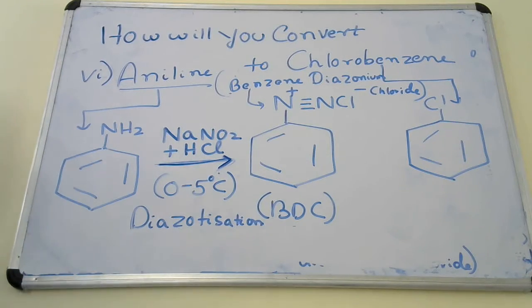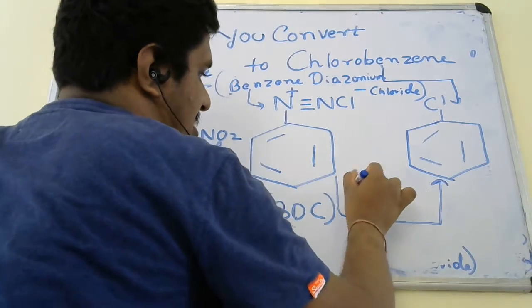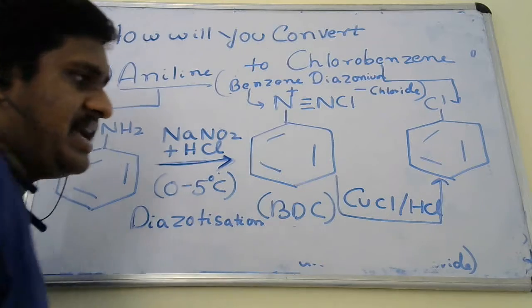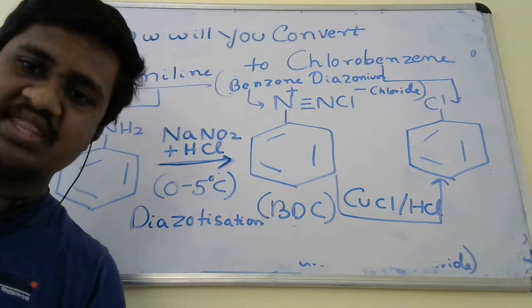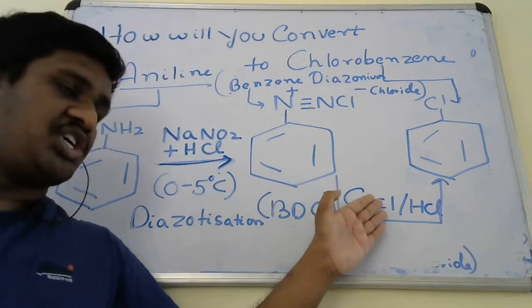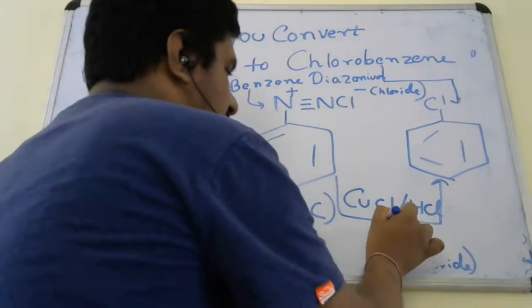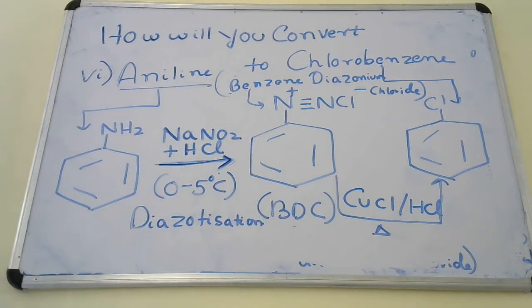Now to convert BDC into chlorobenzene, you have to give a mixture of CuCl and HCl. This reaction is very famous, Sandmeyer's reaction.